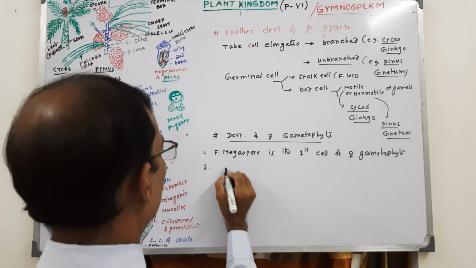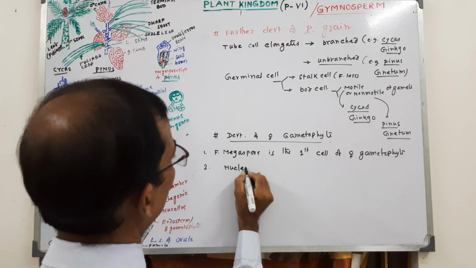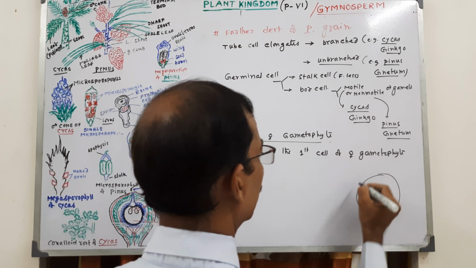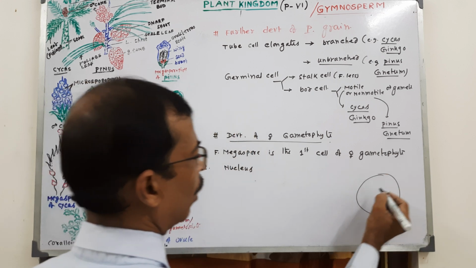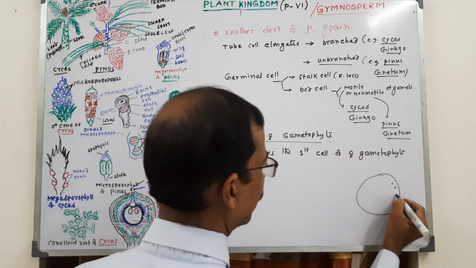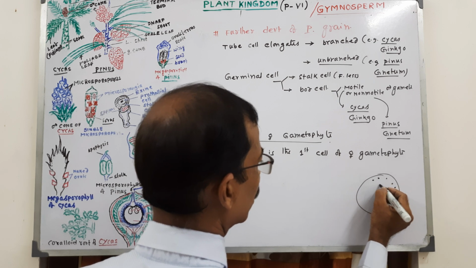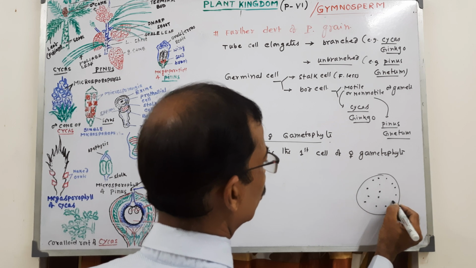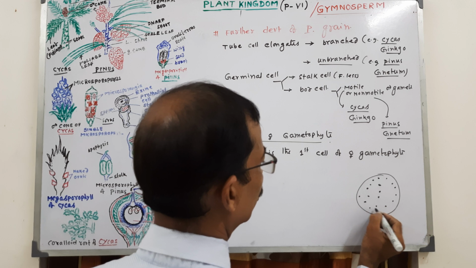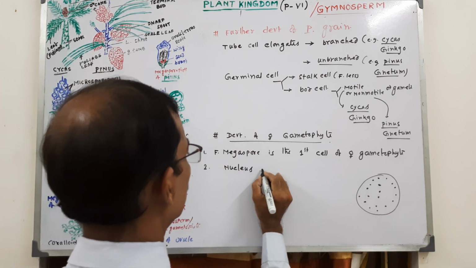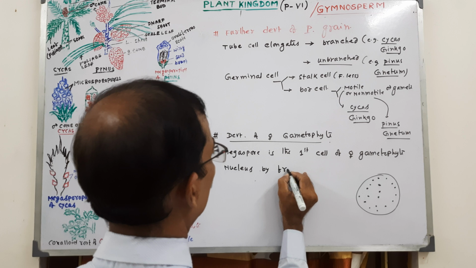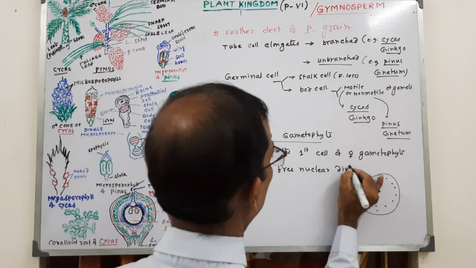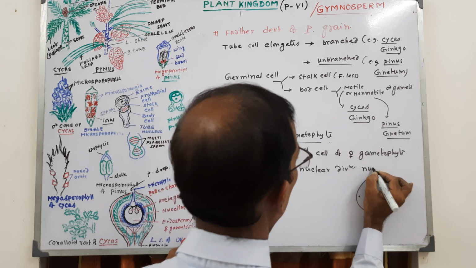Initially, the nucleus of the female gametophyte, by repeated free nuclear division, produces numerous nuclei.